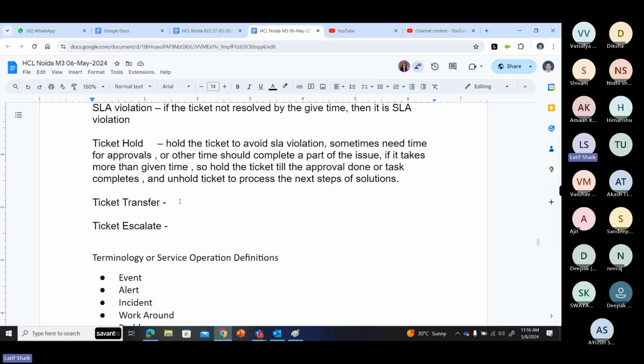For example, you are at level 0 or level 1, and you see an issue, but the technical knowledge involved is much higher than expected. In-depth technical knowledge or higher technical solutions are required to solve that kind of issue. When you feel like that, you will escalate it.